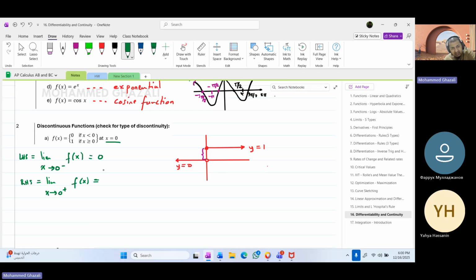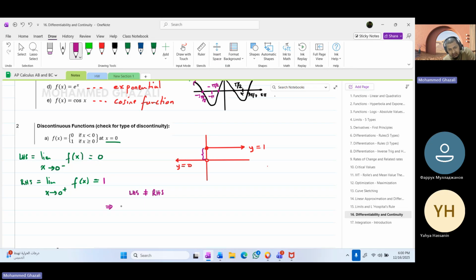0 from the right is the greater than sign. I think I mixed this up. x is greater than or equal to 0. Yes, 0 from the left is 0. No, it's right. And 0 from the right is the greater than sign, so that's 1. We can clearly see that the left-hand side limit is not equal to the right-hand side limit.